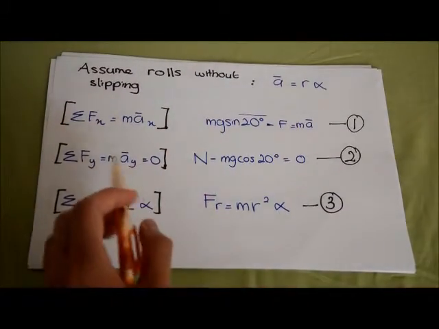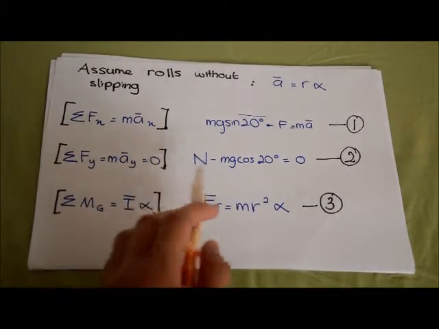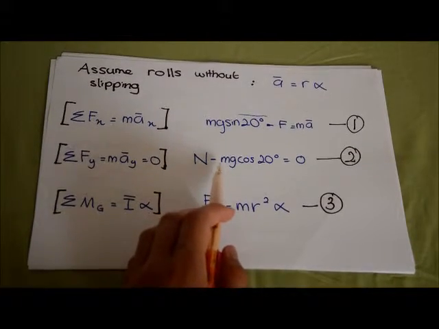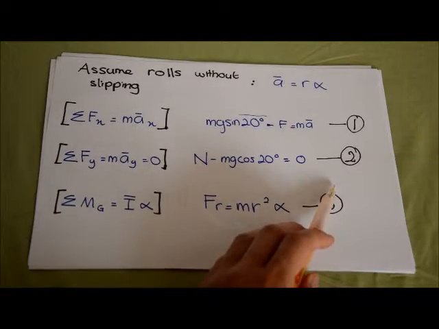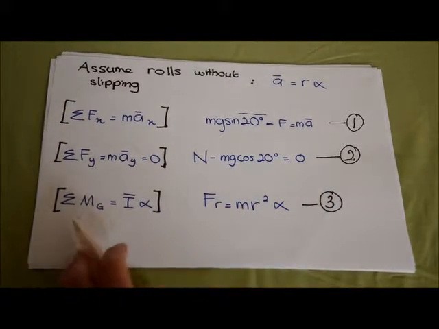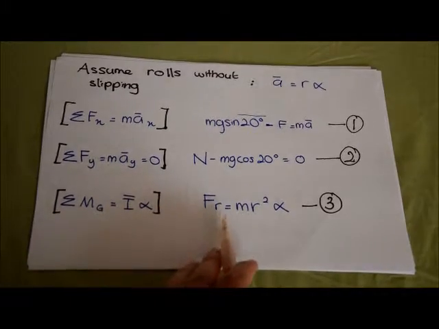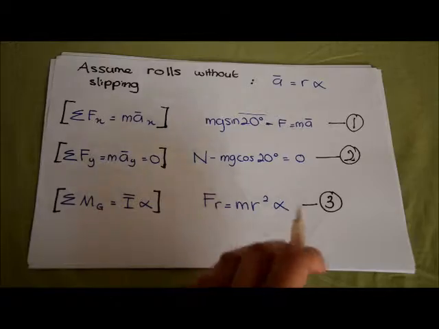For the summation of forces in the y direction equals 0, we will get our second equation, which is N minus mg cos 20 degrees equals 0. Next, apply the balance of angular momentum. We will have F r equals m r squared alpha as our third equation.